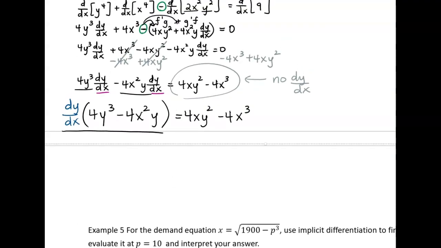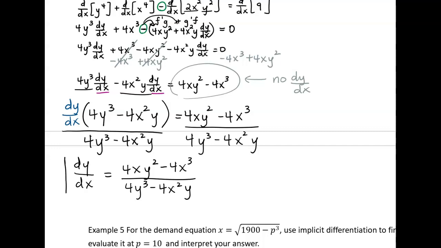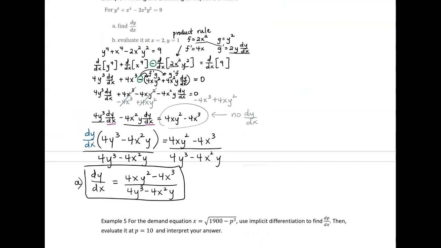So we'll solve for that by simply dividing by everything we have on the inside of those parentheses. So we are left with dy/dx is equal to 4x y squared minus 4x cubed divided by 4y cubed minus 4x squared y. And so this is our answer to part A, to find dy/dx.